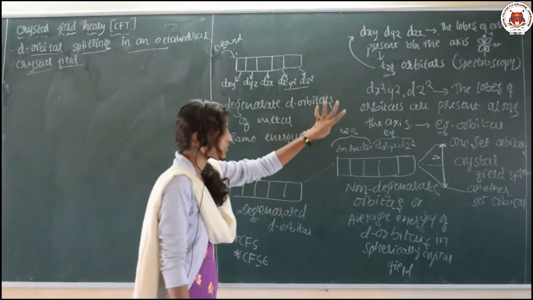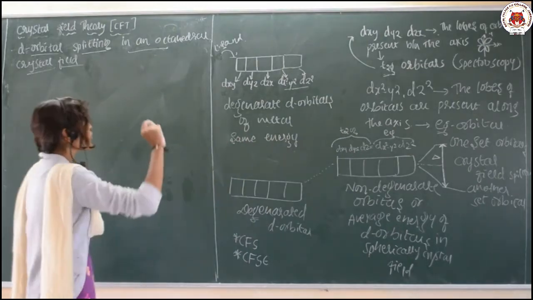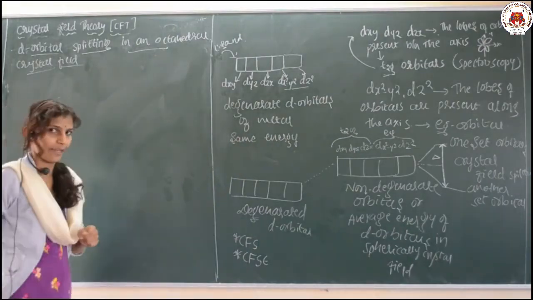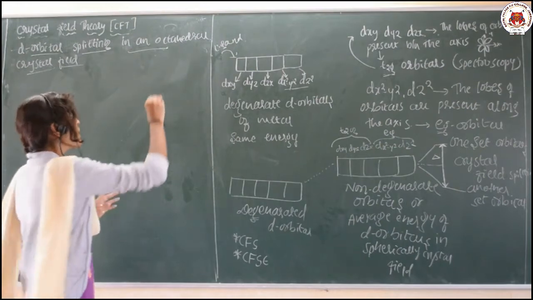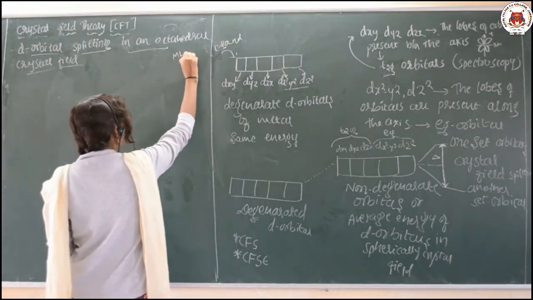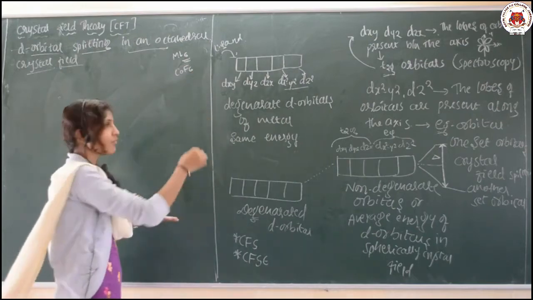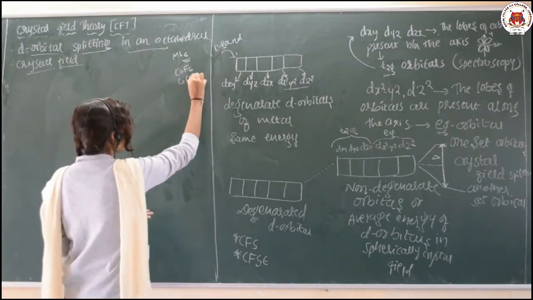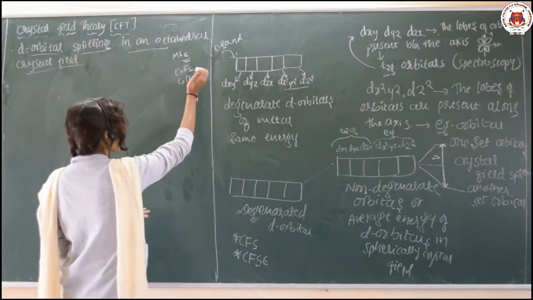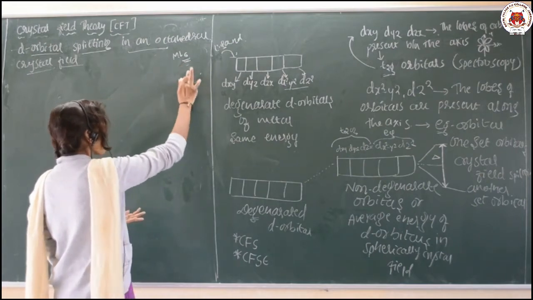This is crystal field theory in the case of the octahedral crystal field. Octahedral means ML6, the ligands will be like CoF6 or Co(CN)6; it means the ligands must be 6, that is octahedral.